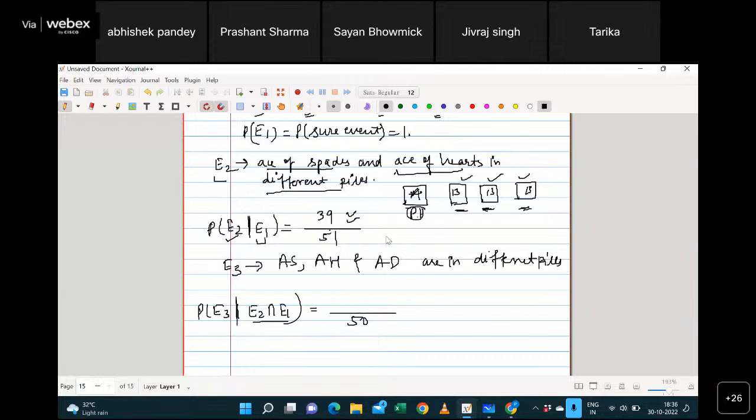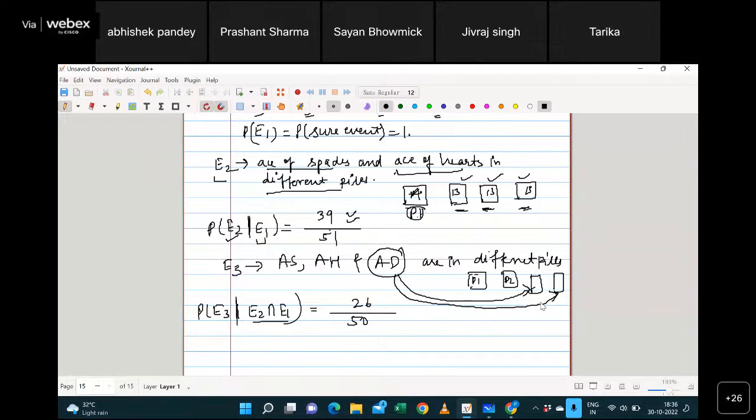Two piles, let's say P1 and P2, are booked for ace of spades and ace of hearts. So I have only two remaining piles. That means 26 by 50. Correct? For ace of heart and ace of diamond, I have only these two piles, right?